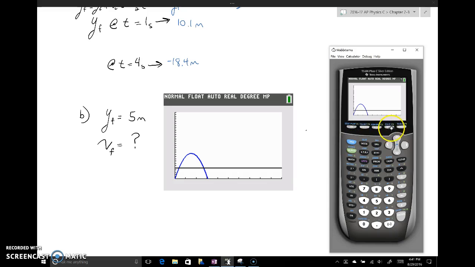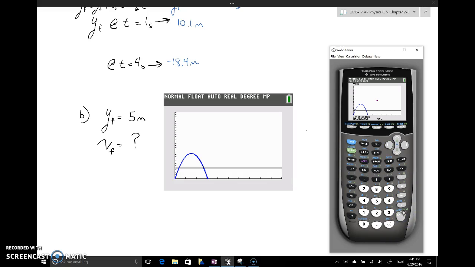And we can use the calc function to find the intersection. So our first curve is the parabola, our second is the line, and we're going to give it a guess. Bring it over here on the way up.